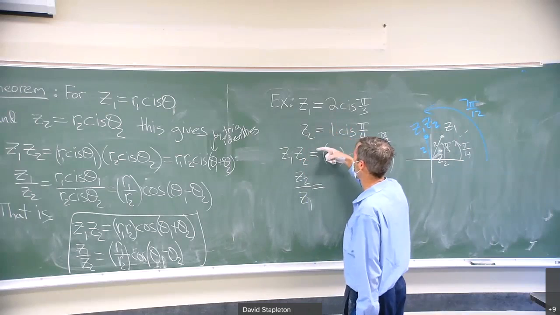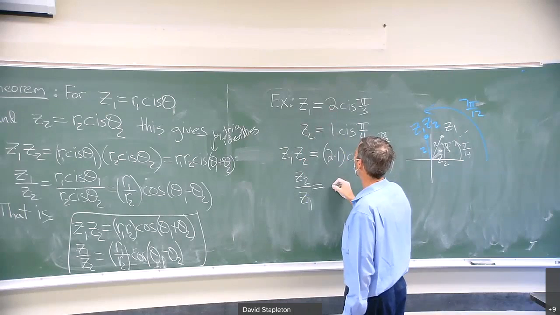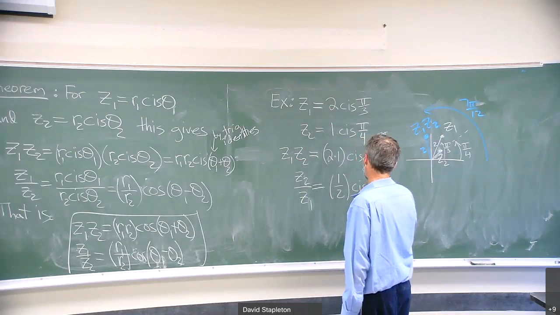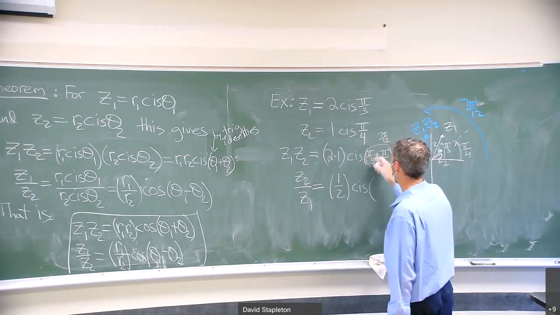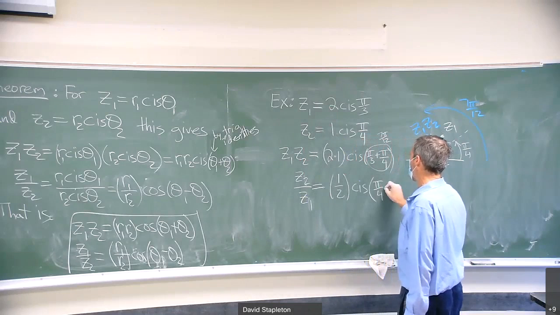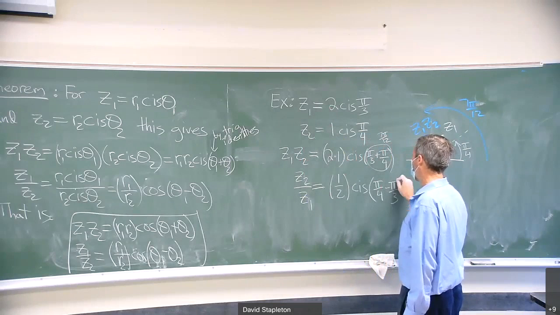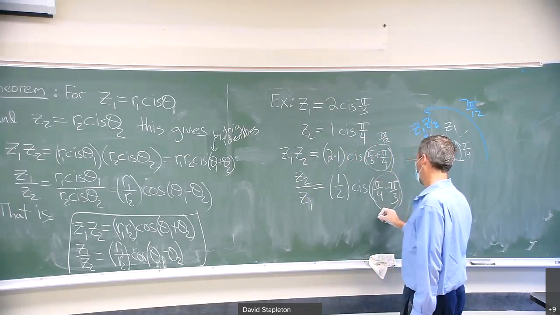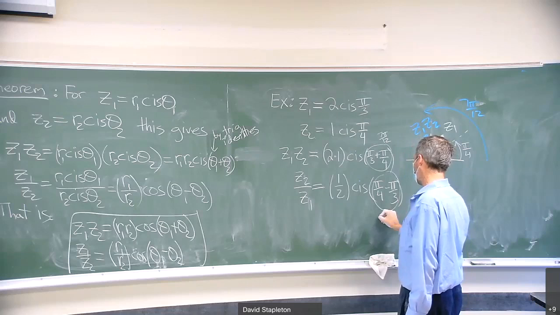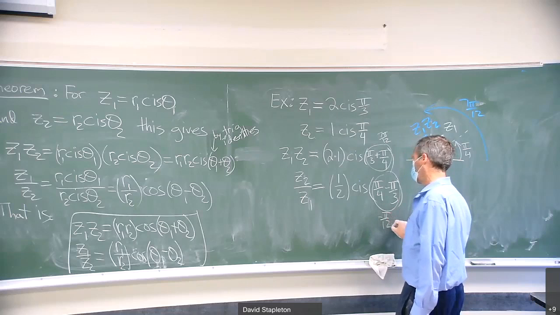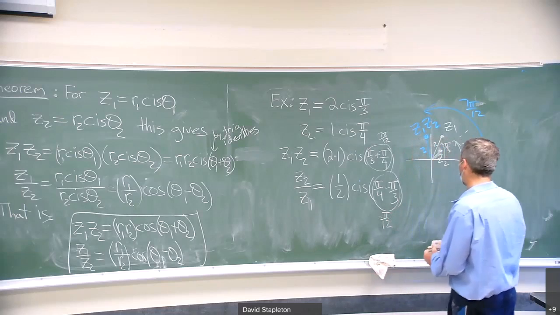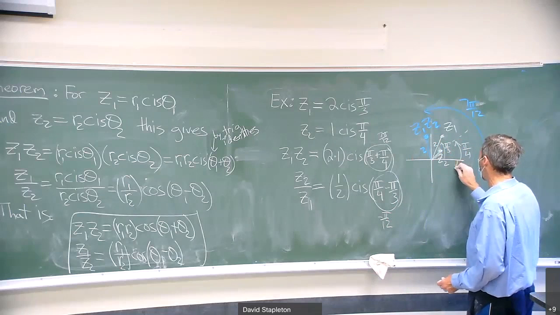Take this one divided by this one. Then I have 1 over 2, cosine plus I sine, pi over 4 minus pi over 3. Well, this is 3 pi over 12 minus 4 pi over 12, which is minus pi over 12. And so you can sketch the quotient by going to an angle of minus pi over 12.